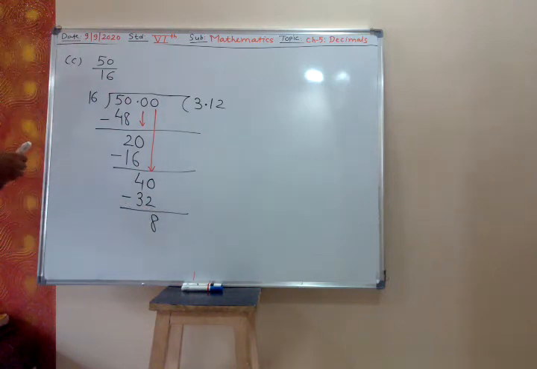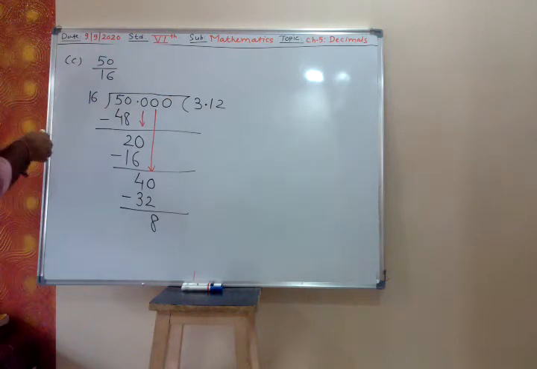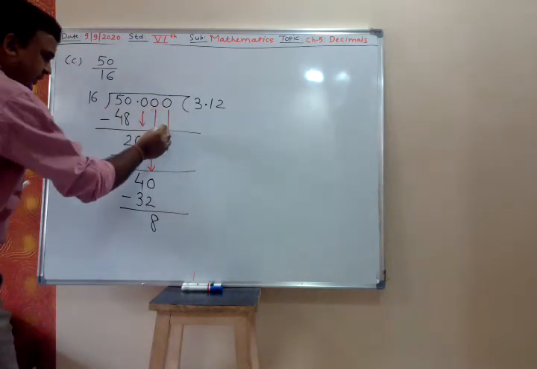Still the remainder is not 0. So I will add one more 0 there, and this 0 I will carry forward here.